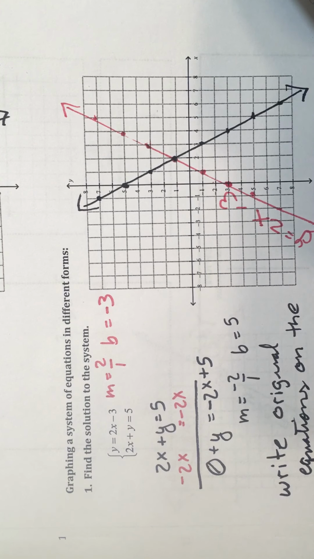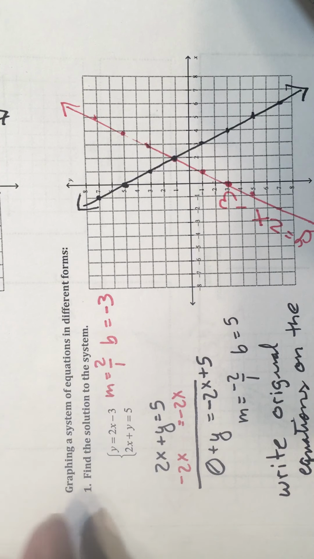There we go. So I have to go back and I have to write the original equation on the line, which was 2x plus y equals 5. There we go. Now the next one.